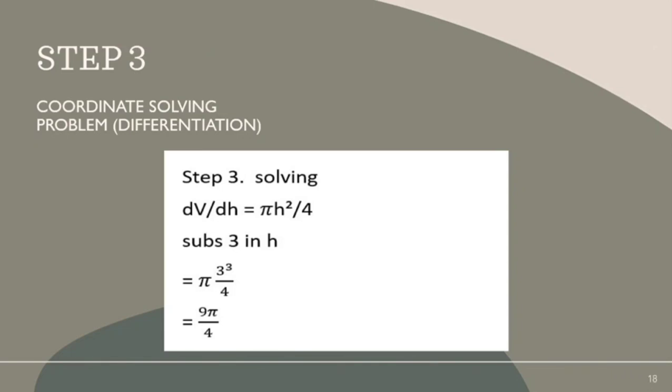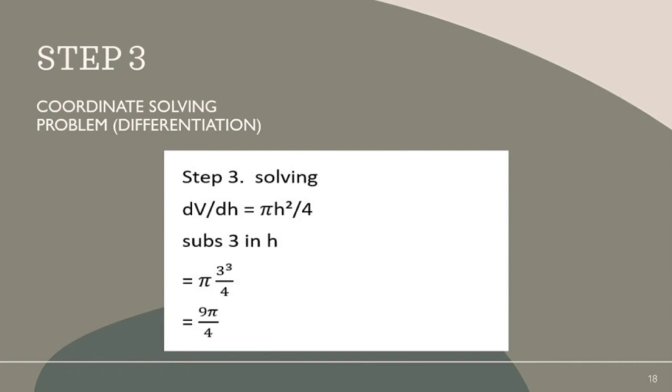Step 3. Left side is V, right side is H. So we get dV over dH. We can also determine what to differentiate by looking at the first step. We have dV over dt and dH over dt. So logically, what to differentiate will be dV over dH or maybe dH over dV, but this depends on the equation.